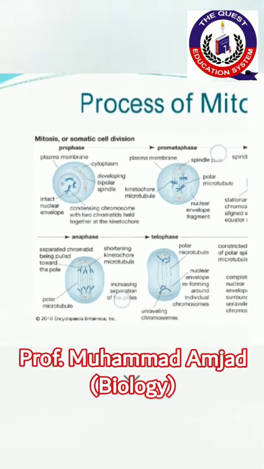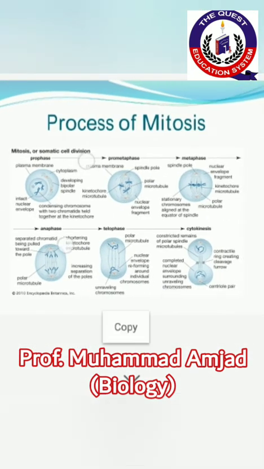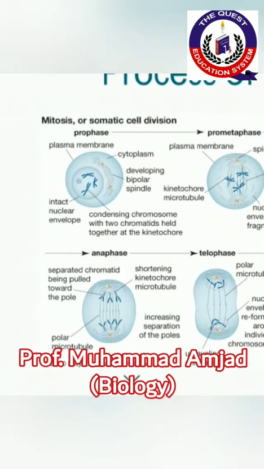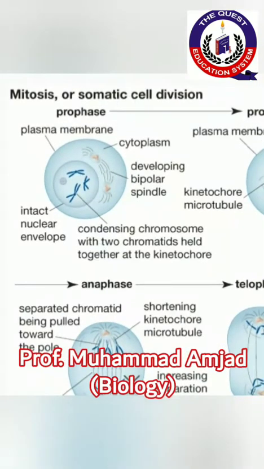Look at the diagrams. For example, this diagram is about prophase. You can see that chromosomes are formed due to the condensation of chromatin. The centrioles start moving toward the opposite poles, and spindle fibers and aster fibers form. All these changes take place during prophase.